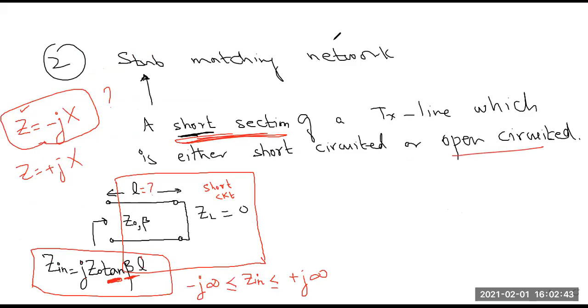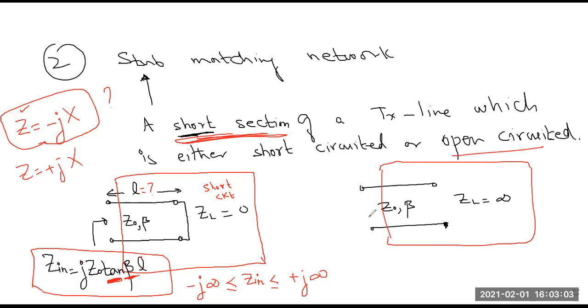In a similar manner, consider an open-circuited line. If you have a transmission line where the other end is not connected to anything, so ZL is equal to infinity, and you assume this whole thing is inside a box and find the impedance at the terminal, again this is something we have covered.